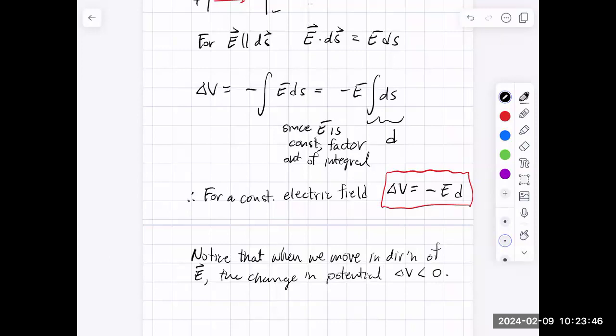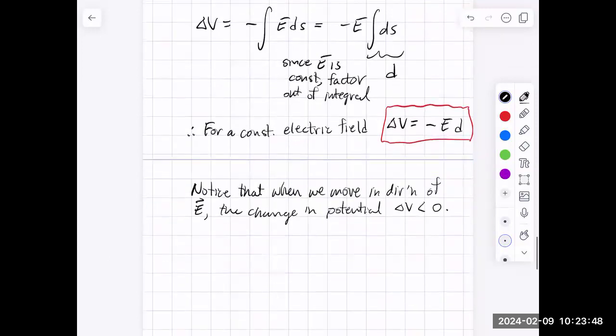It's negative. So that must mean that electric fields point from high to low potential.